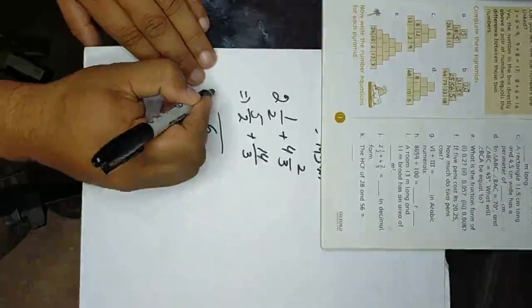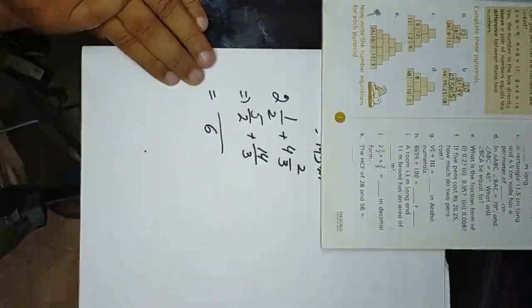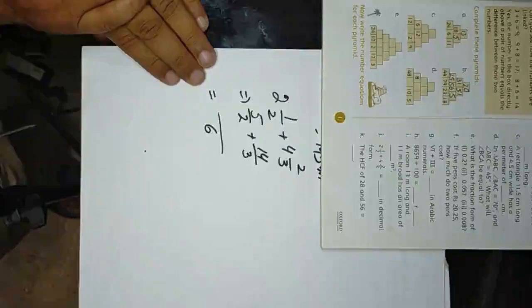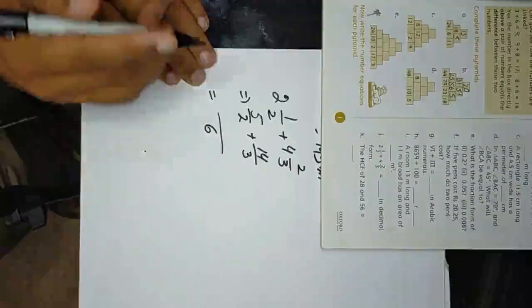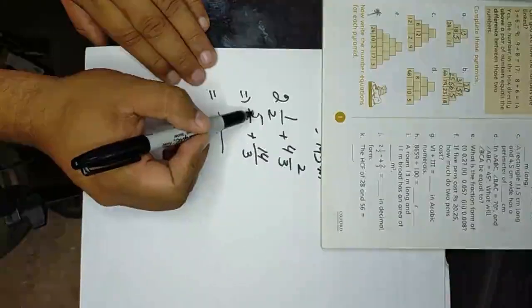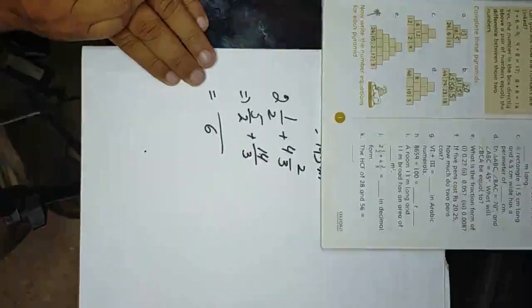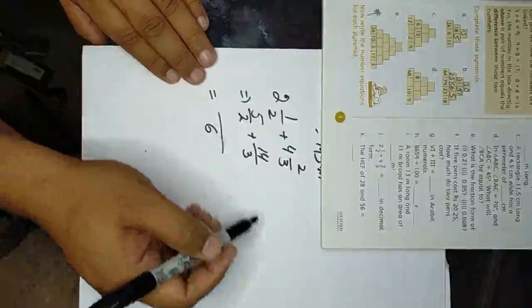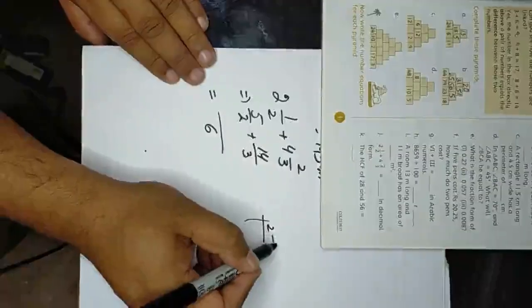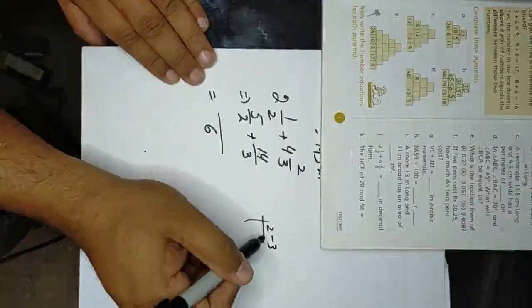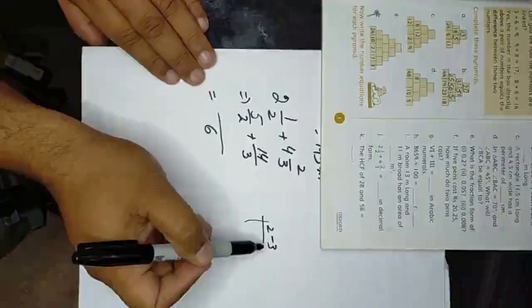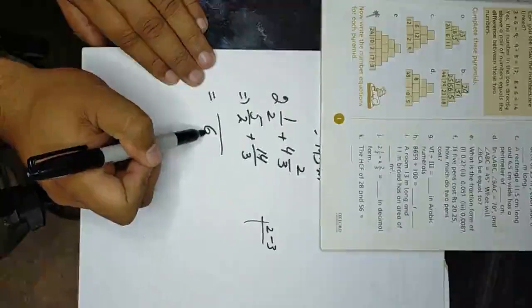This is one way. Another way is that we multiply these numbers with this and these numbers with this. I'm going to show you that method too. This is an easier one. Let's find that LCM. We do not have common divisors for these, so if we multiply them, that will be their LCM, right?